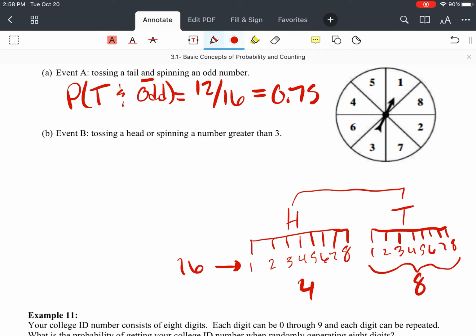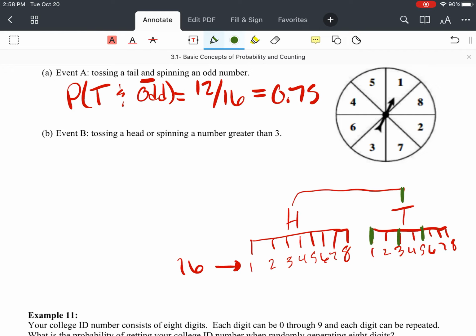Now, I did this one wrong. Okay, so it says it's tossing a tails and spinning an odd number. Okay, so in this case, I did do this one wrong. We'll go ahead and go back and fix this one really quickly. So this time, I'm doing it correctly. I would say, well, tossing a tails, well, that's over on this side, and then we have how many odd numbers?